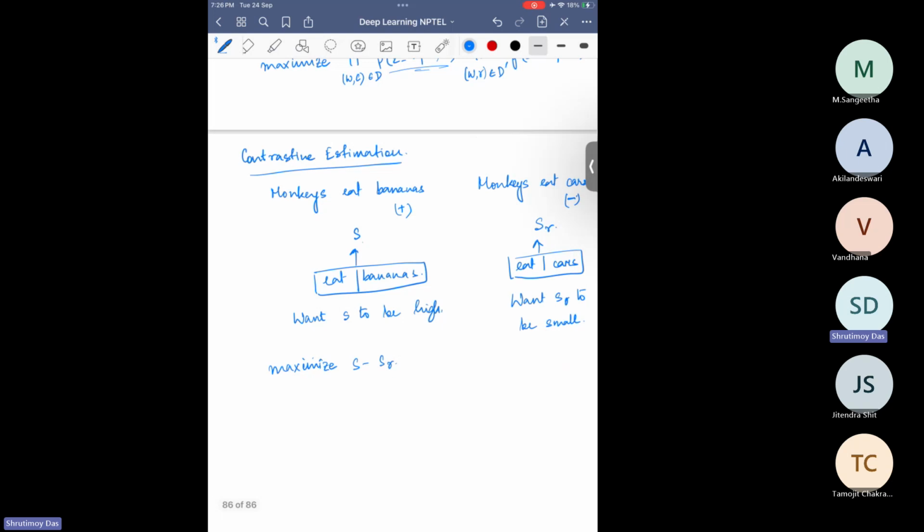In the sense that you have S here and S_r here, and you want S to be larger than S_r by some margin, say M. Once we train this model and get a loss such that this condition is satisfied, we just stop and take whatever parameters we have learned till now as the word vectors.